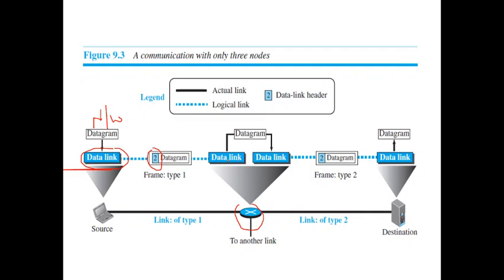This data link layer will be receiving the datagram from the physical layer and processing it. Next it modifies the header and forwards it to the next device. So now the content of this header and the content of this header are different.